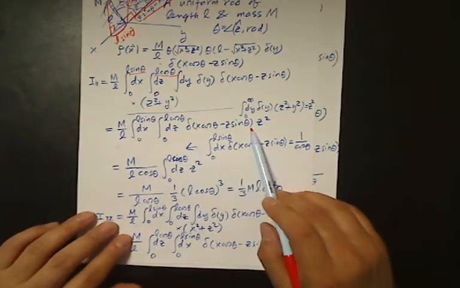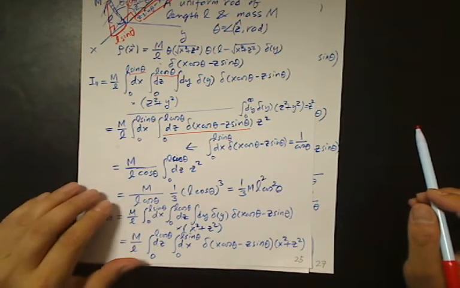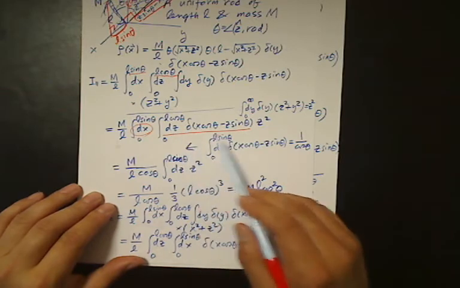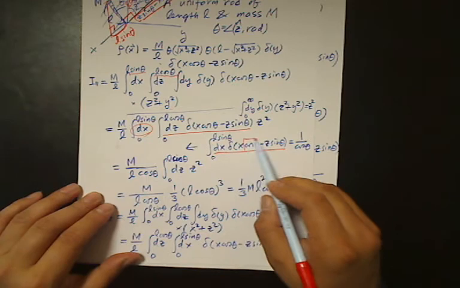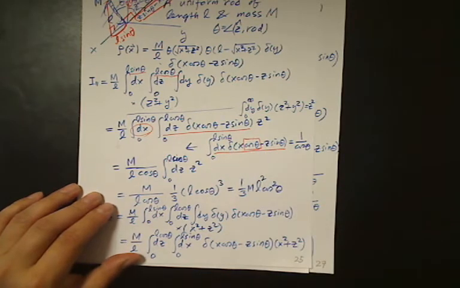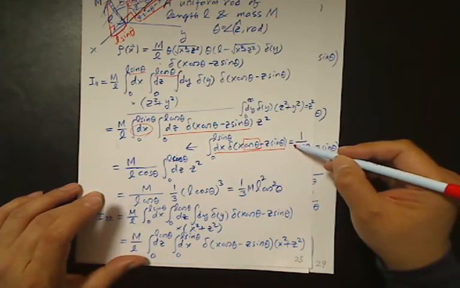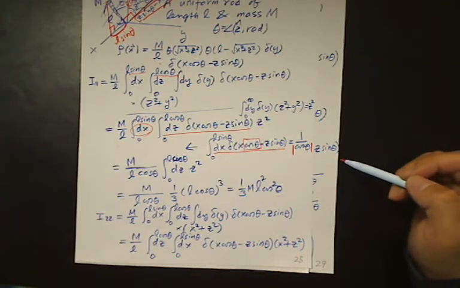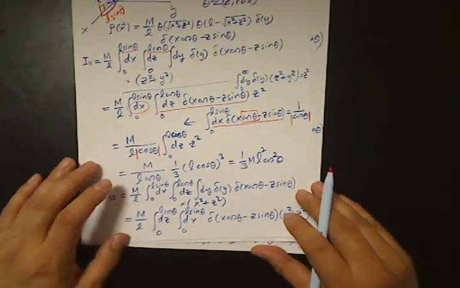After this, we carry out the x integration. The delta function coefficient was cosine theta, right? And the result after integration is actually the absolute value of cosine theta. So we have the absolute value of cosine theta in here.